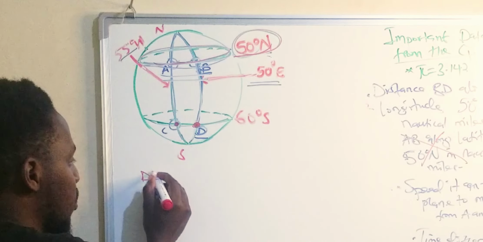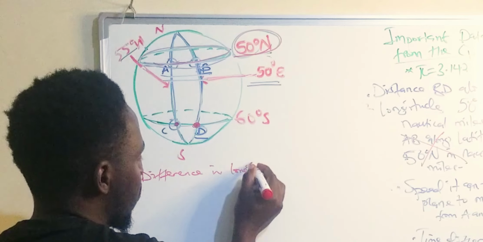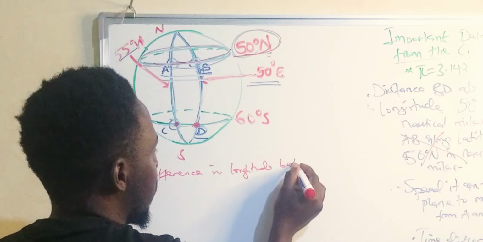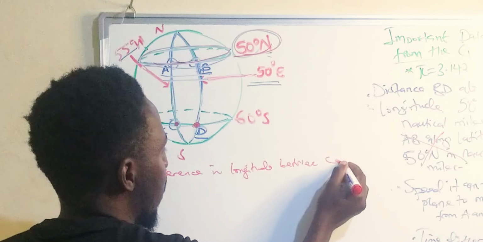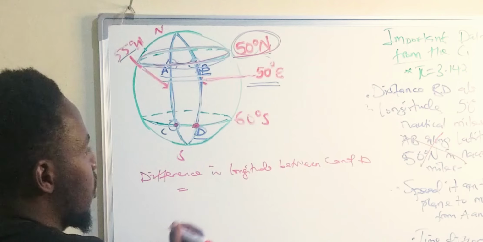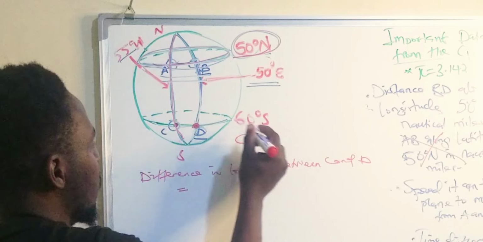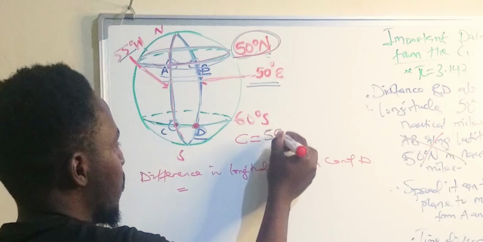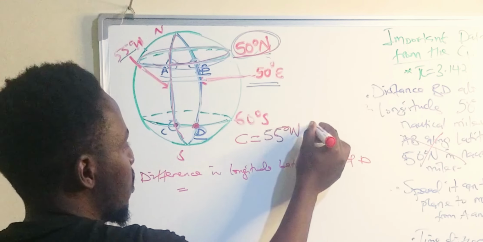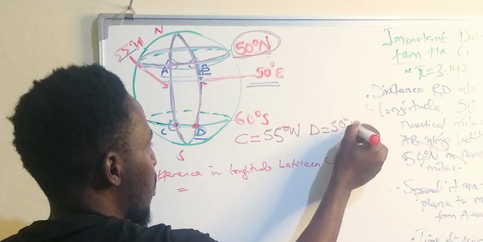So difference in longitude between C and D is equal to, C lies on longitude 55 degrees west, while D lies on longitude 50 degrees east.